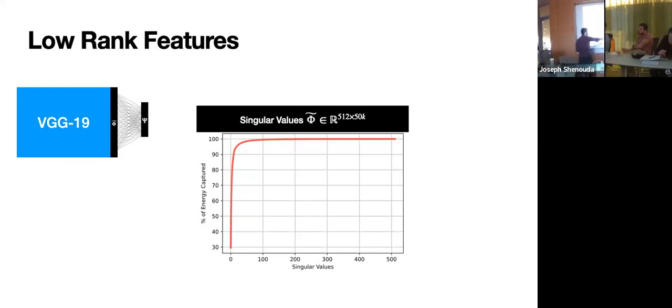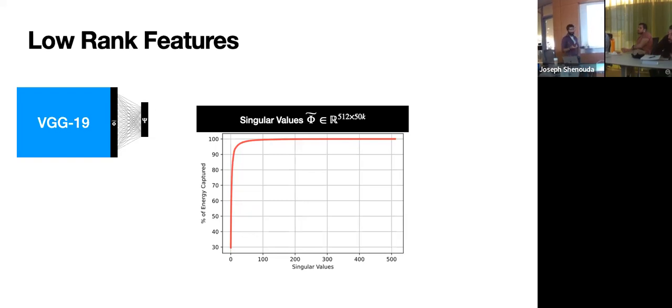What you see here is the singular values and the percent of energy captured by those singular values, which tells us that this matrix is about rank 10. So our bound tells us that we should need no more than 100 neurons, because the output matrix is rank 10, and this psi tilde matrix is approximately rank 10.